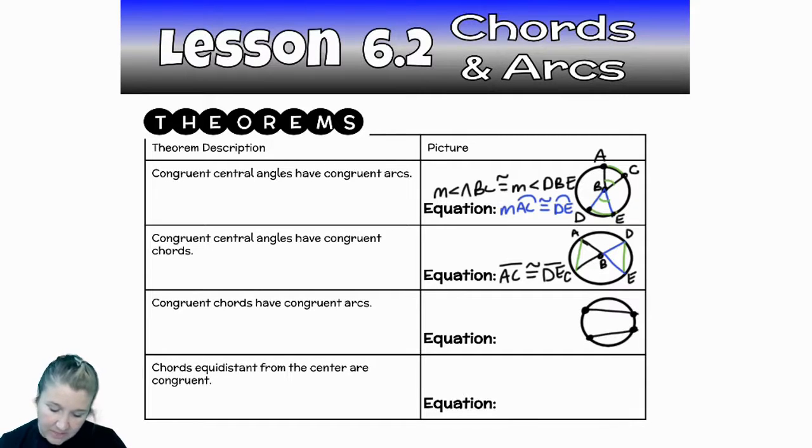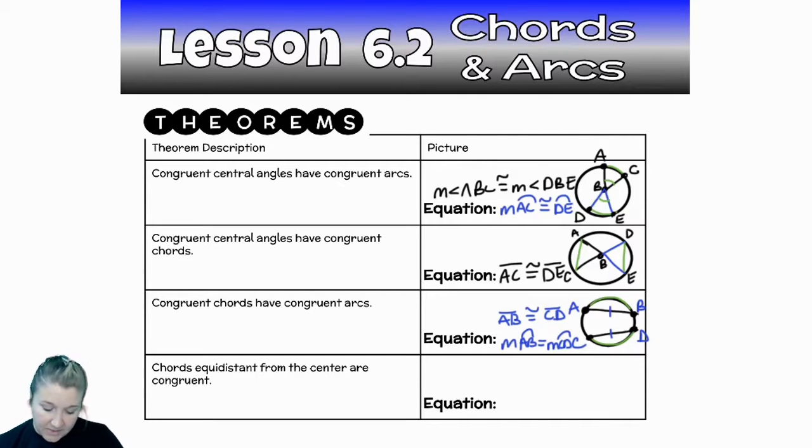So let's say that this is A, this is B, this is C, and this is D. If AB is equal to CD, then I know that this arc is going to be congruent to this arc. So basically, the measure of arc AB is going to be congruent to the measure of arc CD. Also noting that line segment AB is congruent to line segment CD.